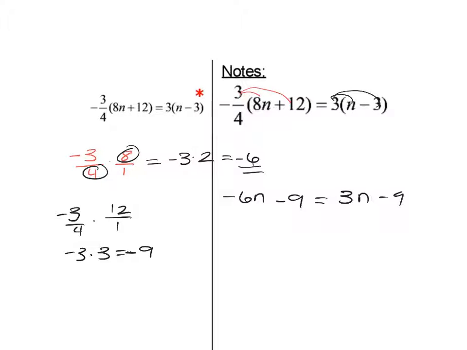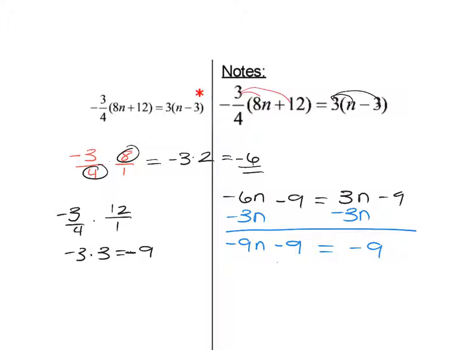So as I was saying, we're going to continue. So I'm going to subtract 3n and subtract 3n. Well, now I have -9n minus 9 equals -9. What do I do now?